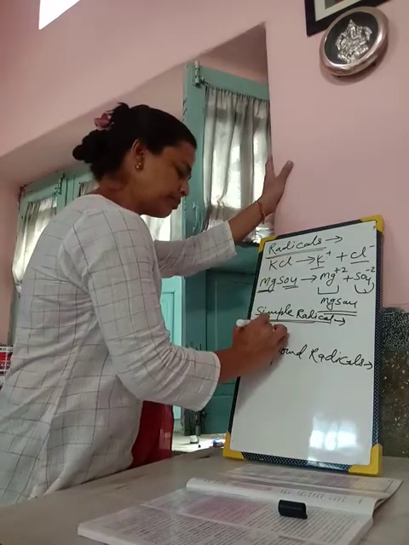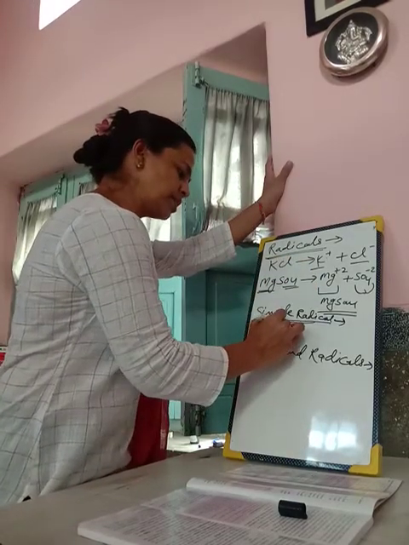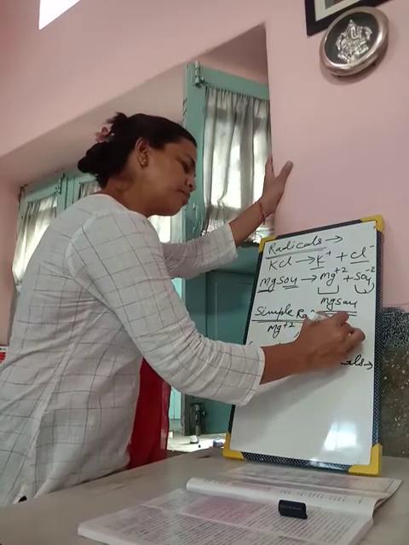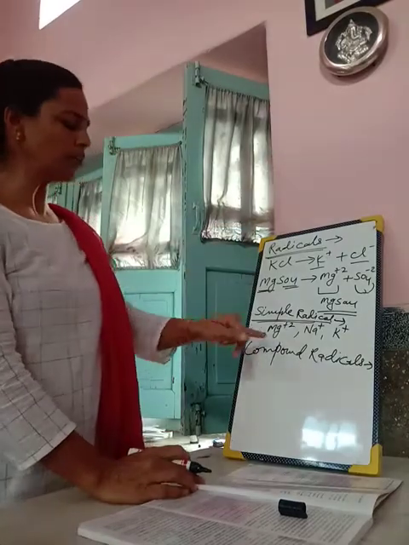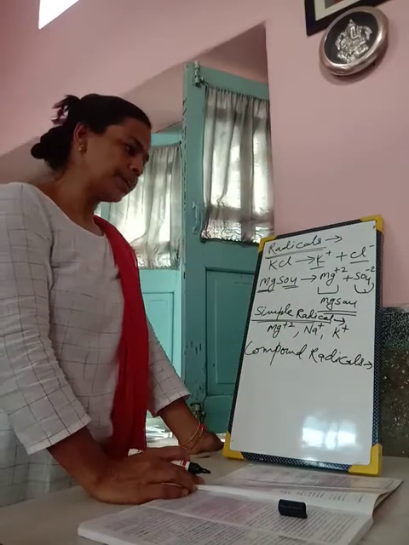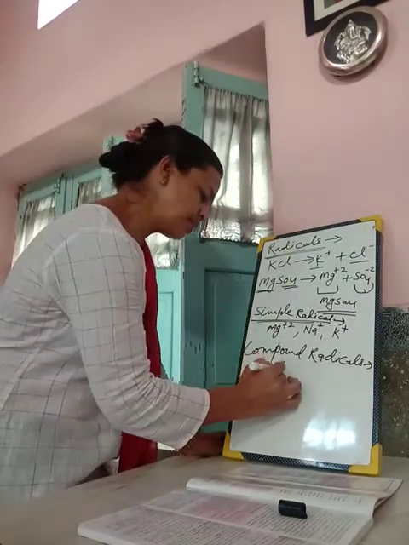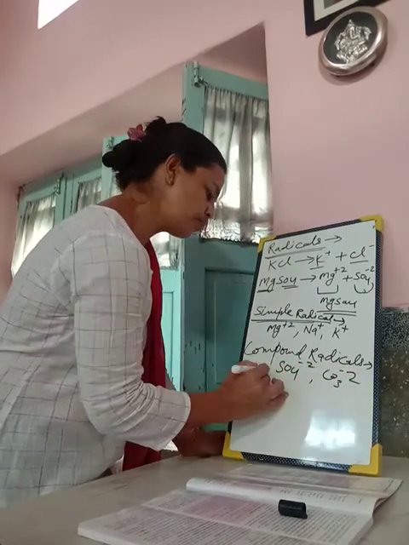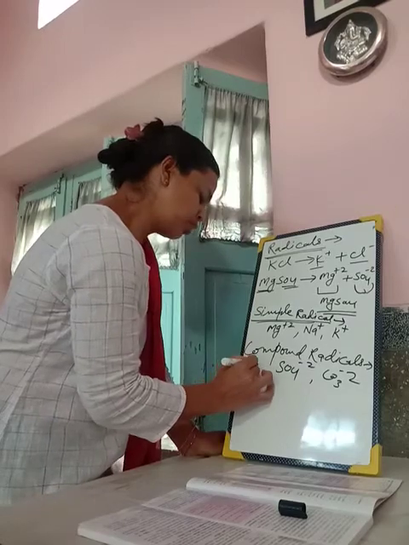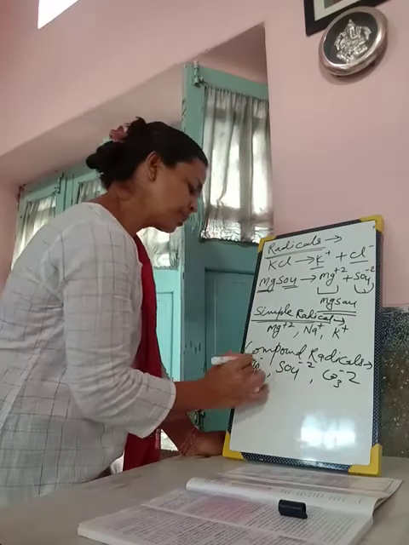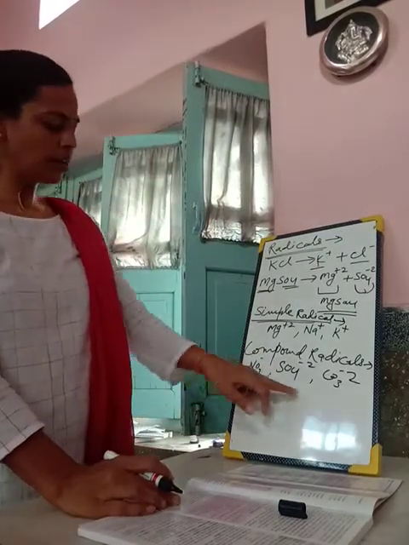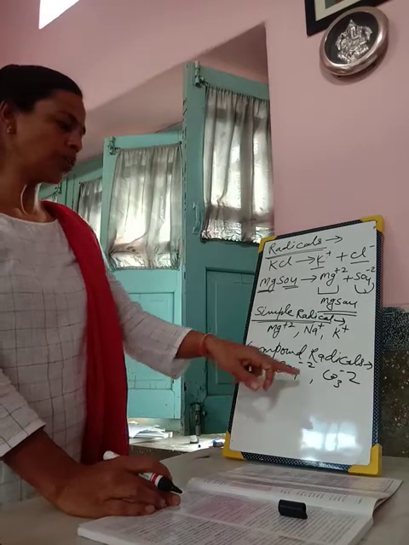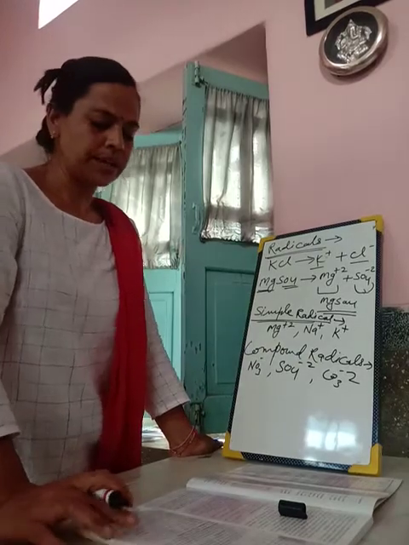But SO4 -2, carbonate -2, and NO3 -2 have two or more different kinds of atoms in them, so they are known as compound radicals.